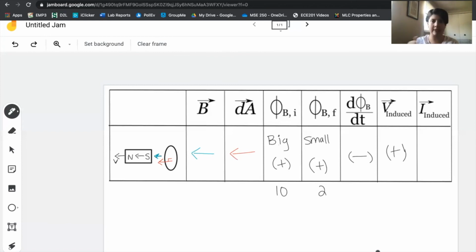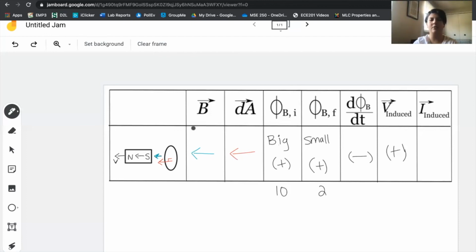Positive is good, stay. If V induced turned out to be negative instead of positive, that would mean that we would have to flip whatever we chose and go in the opposite direction. So if it were negative, bad, flip. Then we would do our right hand rule.